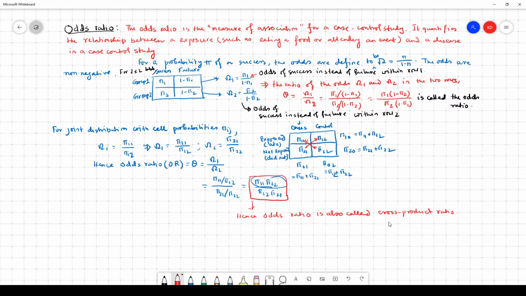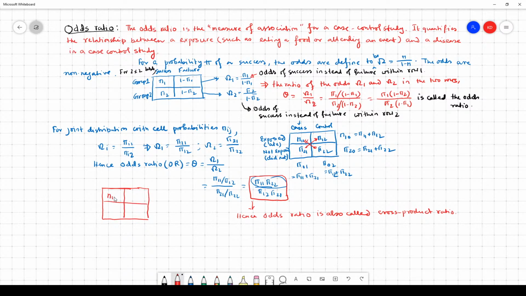Instead of using pi 11, pi 12, if there is only cell frequency, and we already denoted this cell frequency by nij.